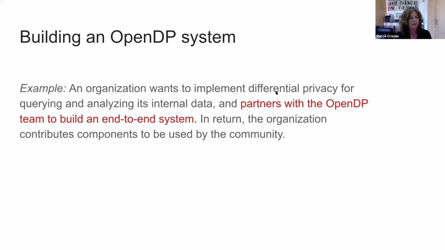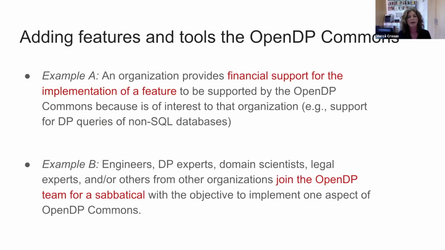I'll go through a few examples of the types of collaborations that can be established with OpenDP. In the case of contributing to the OpenDP Commons, there might be some organization that would like to add a new feature into the DP library or to one of the tools of the Commons, and could provide financial support to help build this new feature.